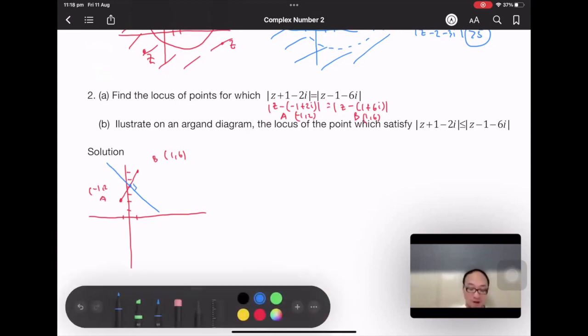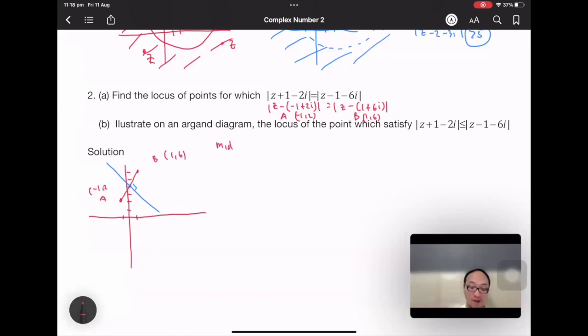Now we can find it using algebra. So we can find the midpoint of AB first. The midpoint of AB is negative 1 plus 1 over 2, and then 2 plus 6 over 2, so equals 0 and 4.